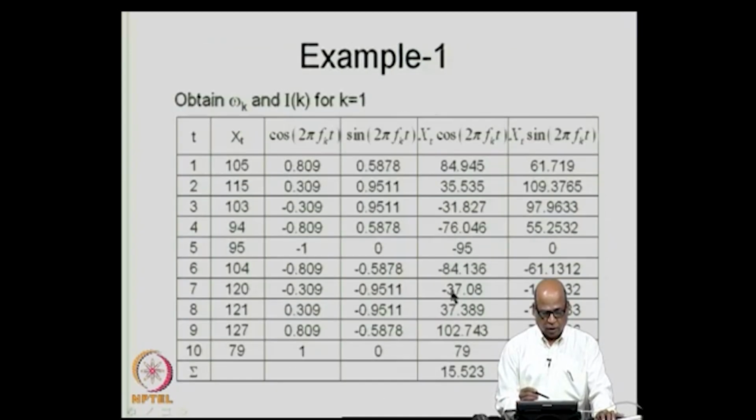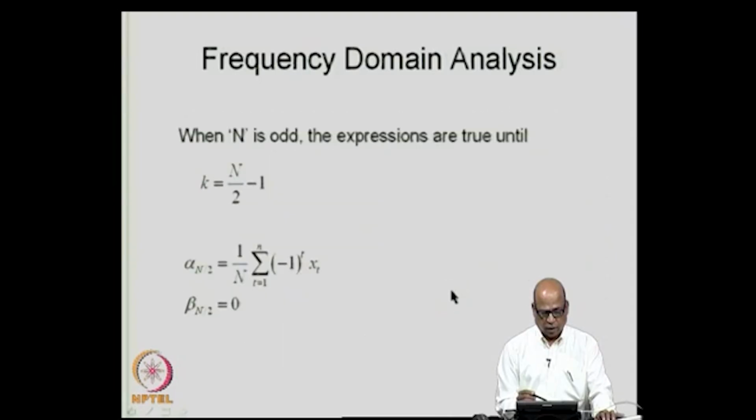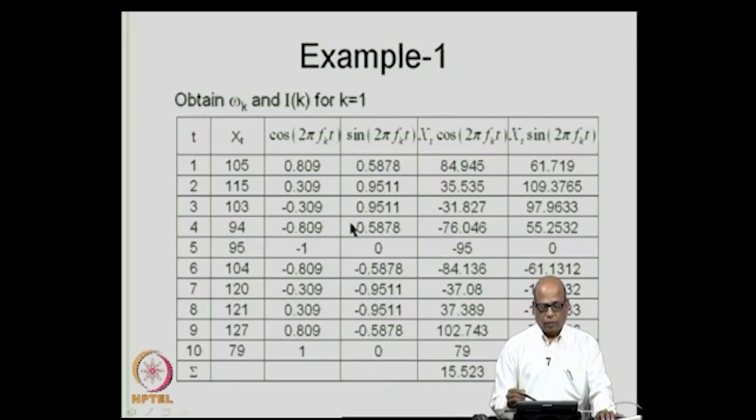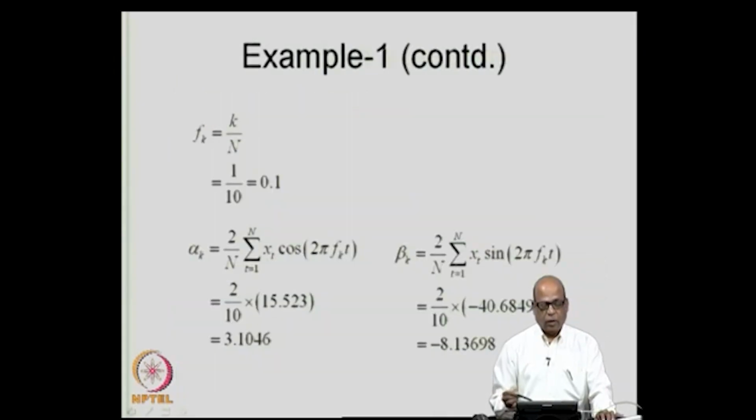Alpha k, you look at the expression for alpha k here, is 2 by n times the summation of x t cos 2 pi f k t, t is equal to 1 to n. So, this is the expression we are using to estimate alpha k. Similarly, for beta k we are using this expression. So, we sum this over all the n time periods and get this value. Similarly, sum this term, get this value.